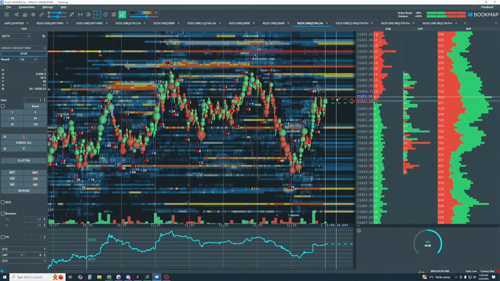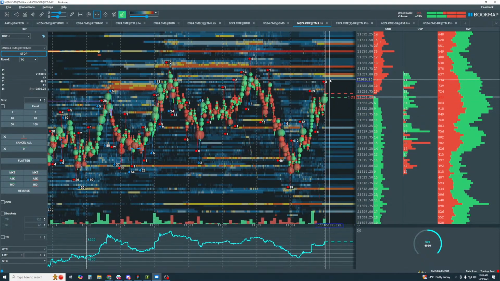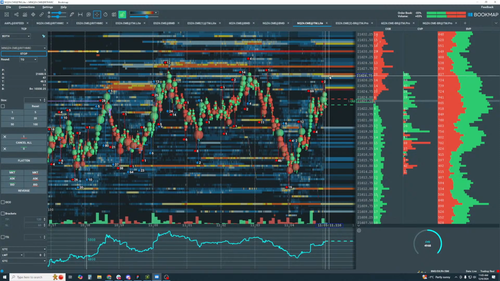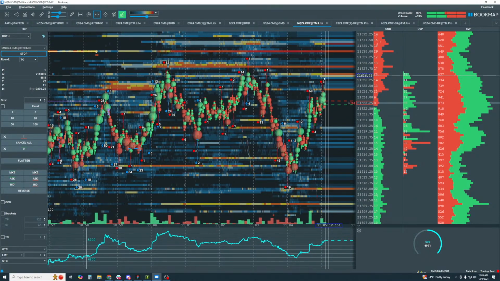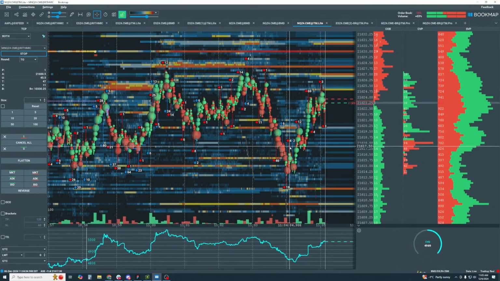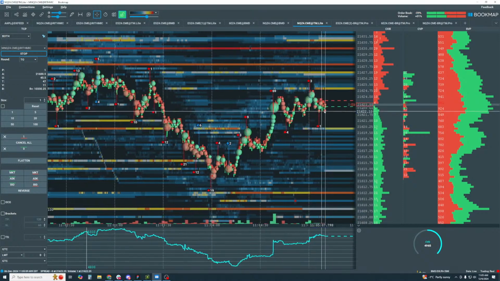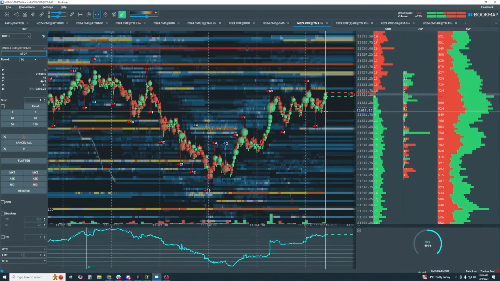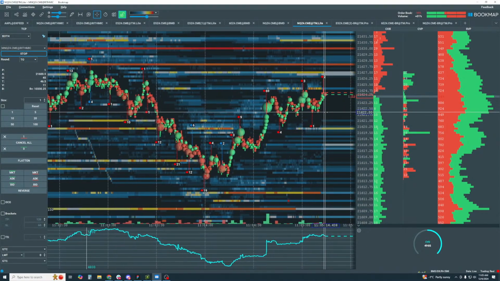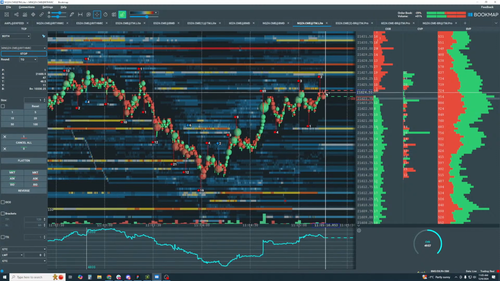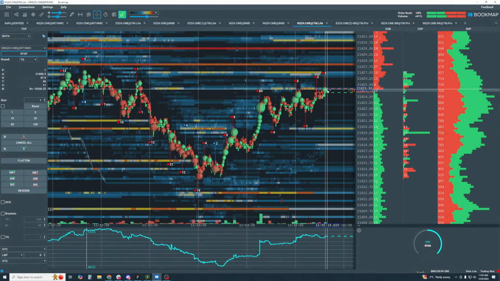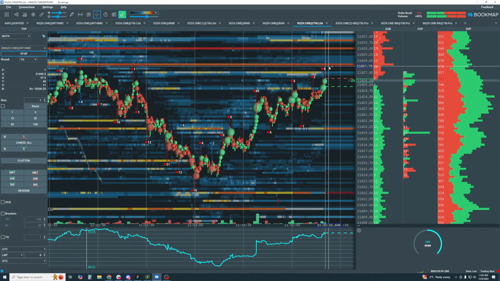Okay, so let's see if we can get the move up into 21,627. Here's even a little micro range in here, right? Same idea though. Bottom of the range, back to the top, and let's see if we can now get a breakout on big buyers to trade up to 27.